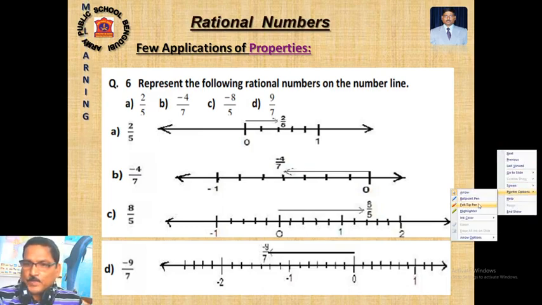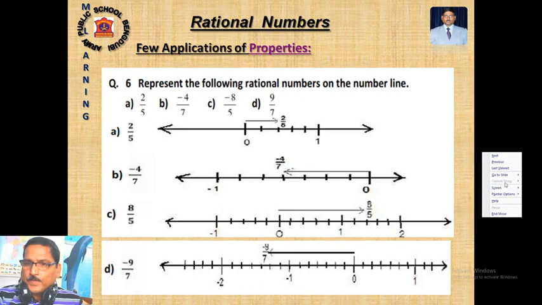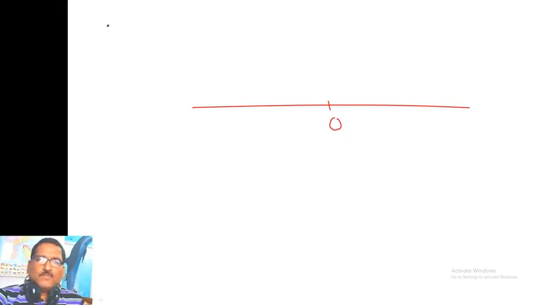I can make it clear also. Say I am taking one example. Draw a number line. Take 0. Now if it is 5 by 3, so positive. The whole part we have to divide into 3 parts, and out of this I have to take 5 parts.